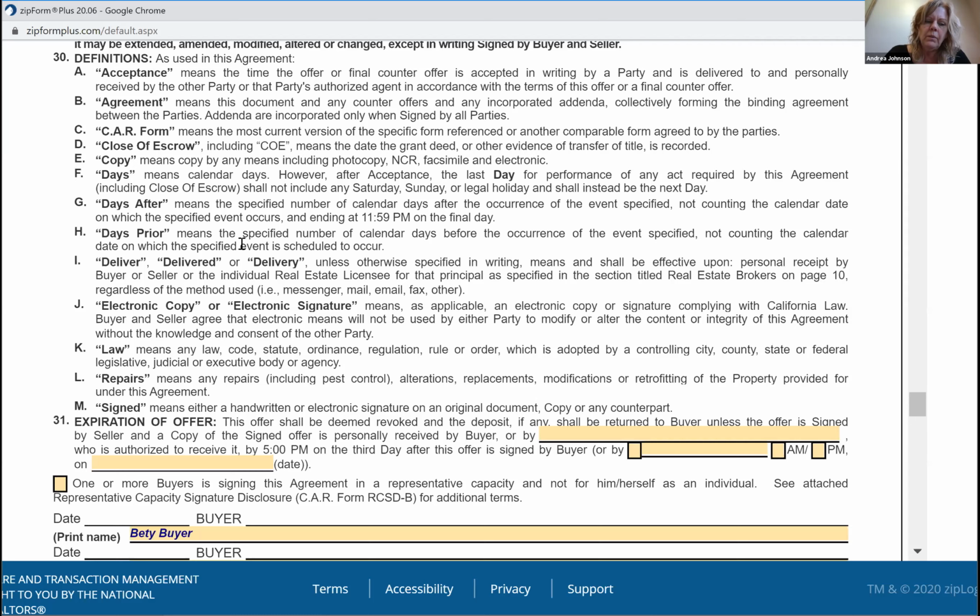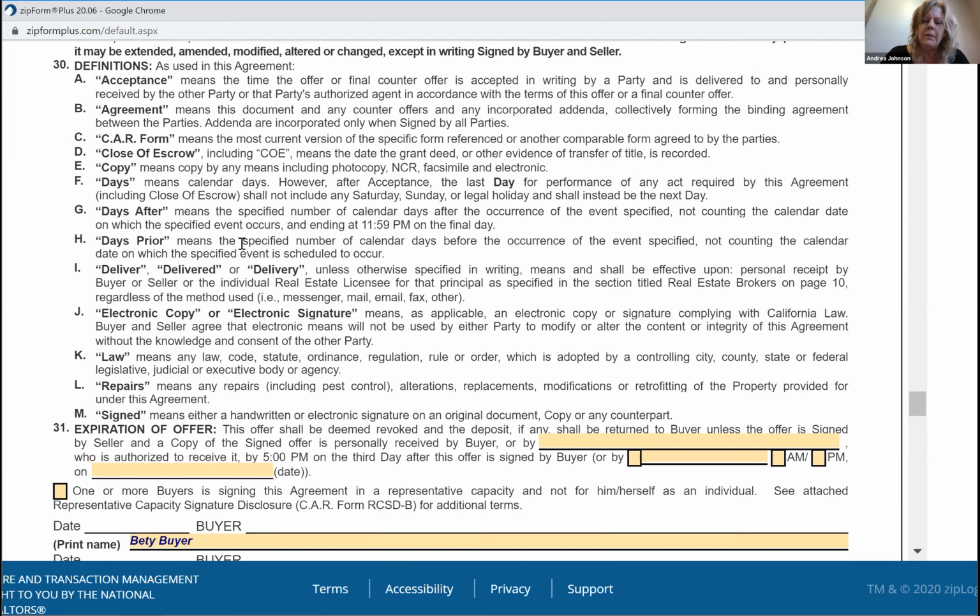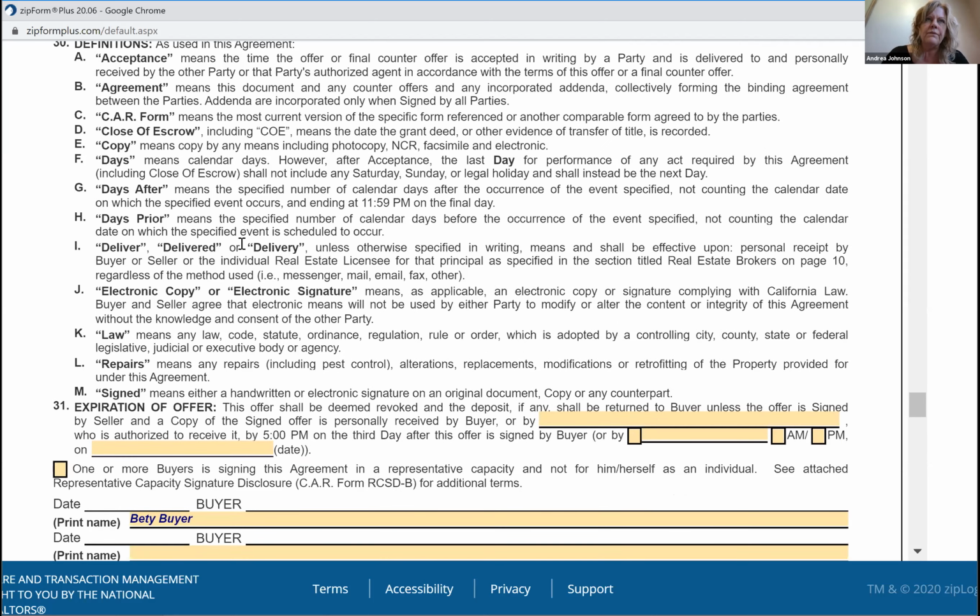It used to be, we tried to set a date rather than number of days for close of escrow, because if you are in negotiations and you don't get your acceptance until 3 or 4 days after you initially submitted the offer, and now 30 days from now falls on a Monday, which is going to be a legal holiday, we would have had to previously scramble and get it closed by Friday, which wasn't always the easiest thing to do.